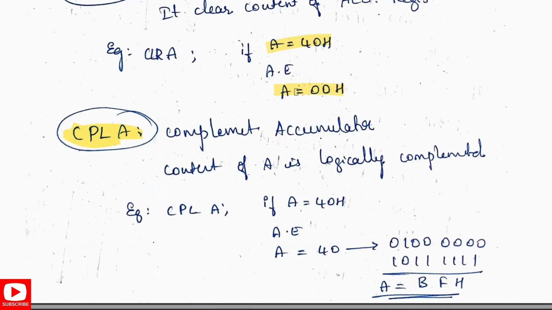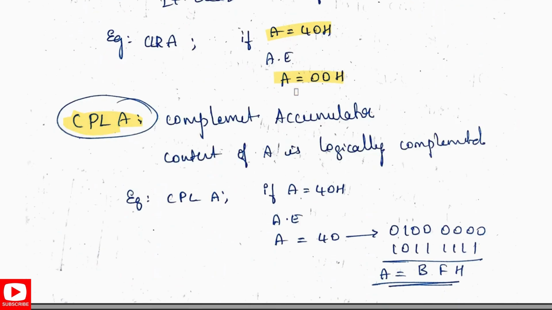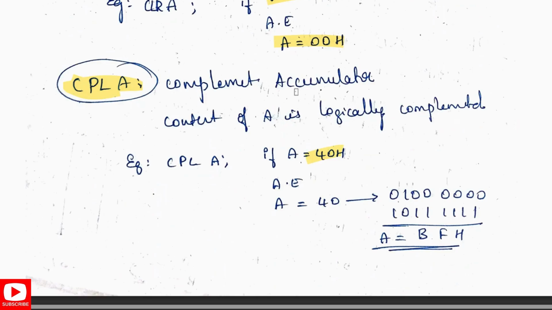CPL A complements A, that is, the contents of A are logically complemented. For example, if we have 40H, write it as 8421 and 8421. In the 4 place it is 1, and here it is 0. So complement it: 0 becomes 1, 0 becomes 1, 0 becomes 1, and this 1 becomes 0.